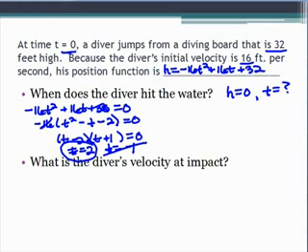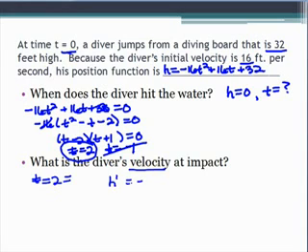Okay, so now we want to find the diver's velocity at impact. So that means at that time, when t equals 2, we want to find his velocity. So his velocity is the derivative of the position function, or the height one.